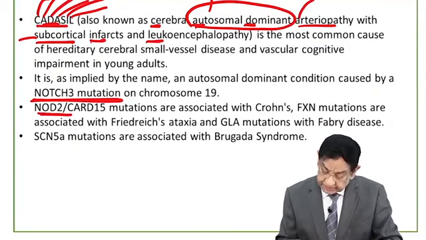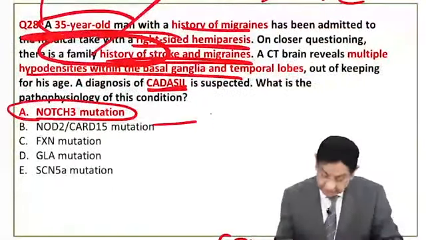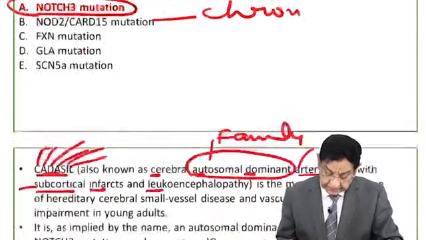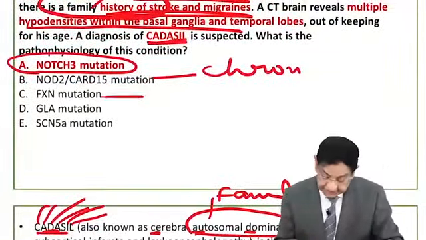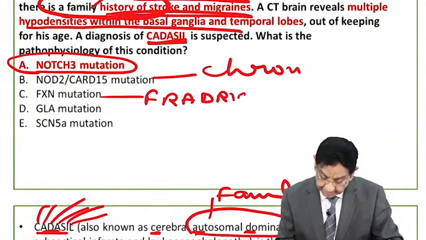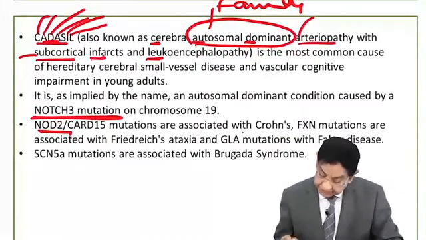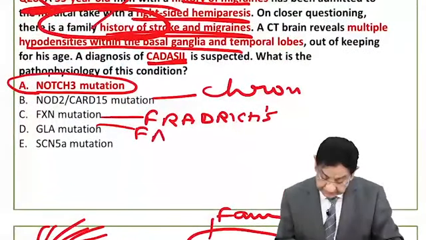NOD2 is seen in Crohn's disease. FXN mutation is seen in Friedreich ataxia. GLA mutation is seen in Fabry's disease.